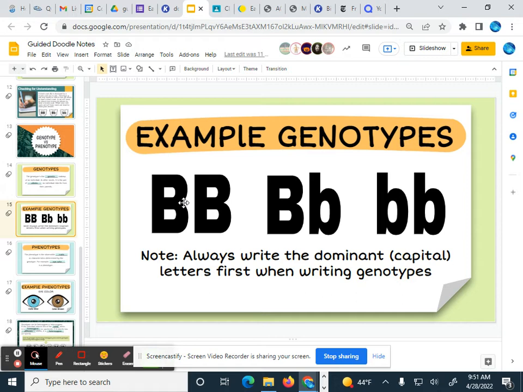Say it again. Homozygous. Good. Now we got it. How about this one over here? Two of the same alleles again. Homozygous. Good. Two of the same alleles, homozygous.